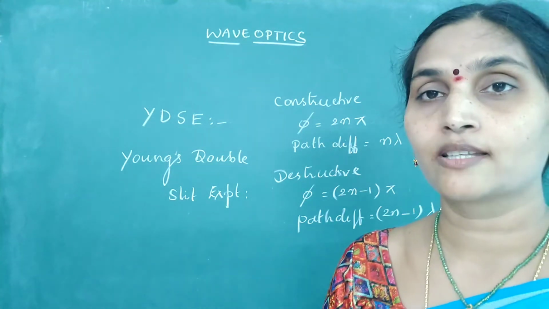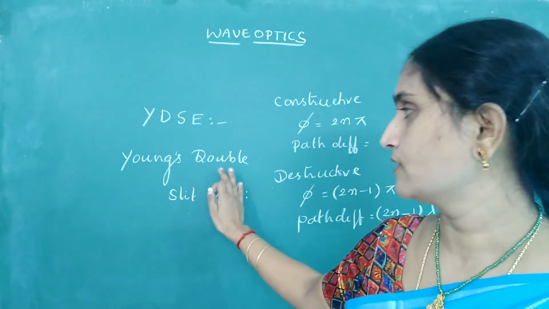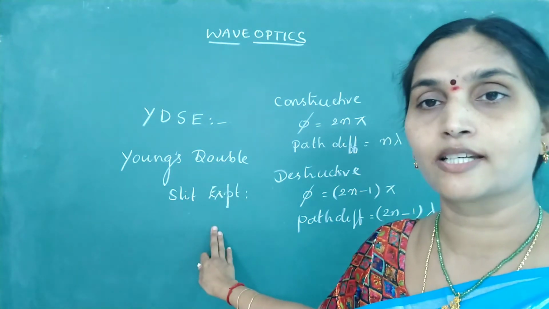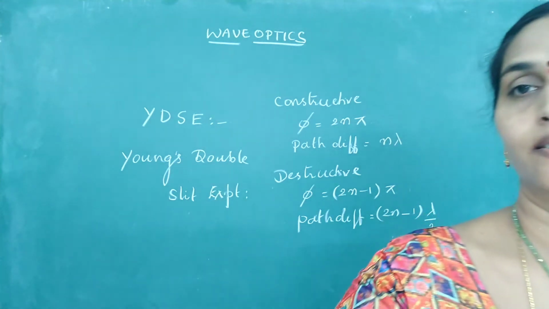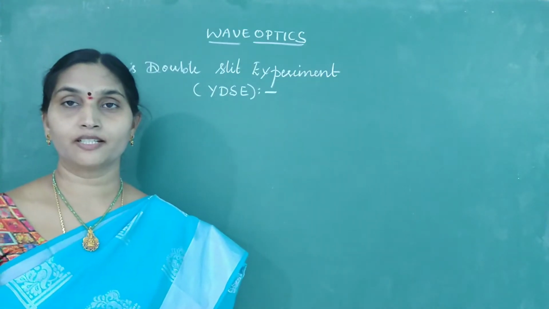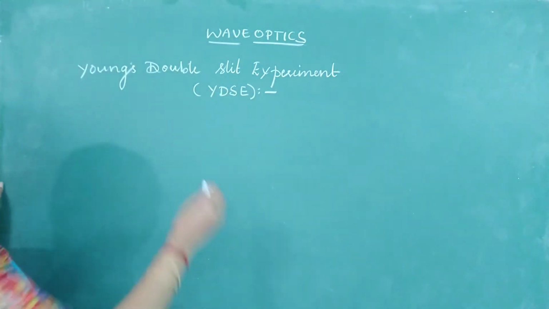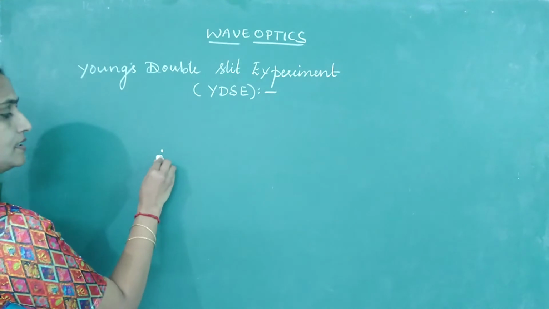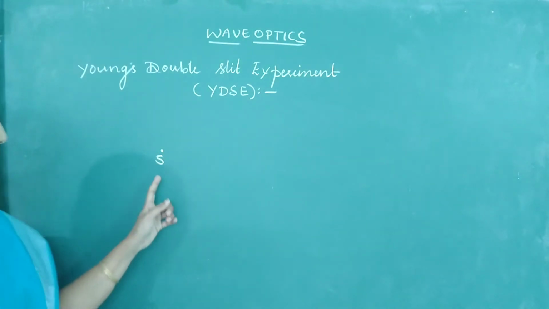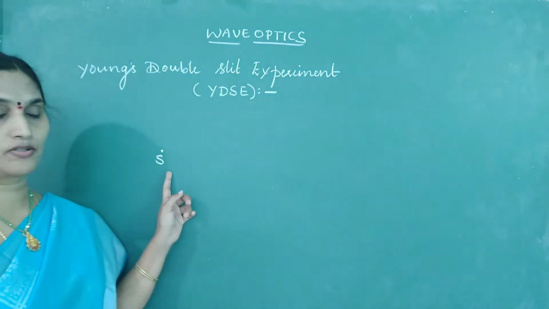So let us start with the experimental arrangement of YDSE, that is Young's double slit experimental arrangement. Look at the experimental arrangement. It consists of a monochromatic source of light. Let S be a monochromatic source of light.